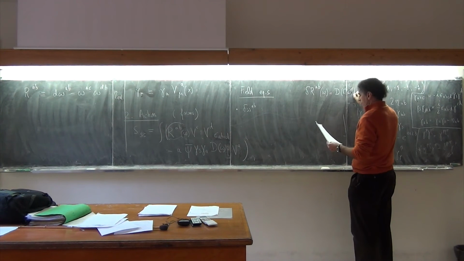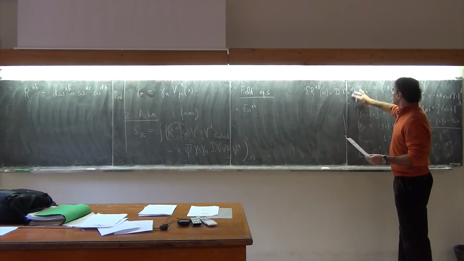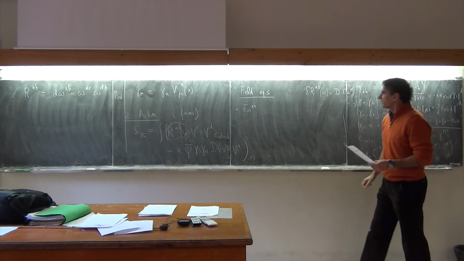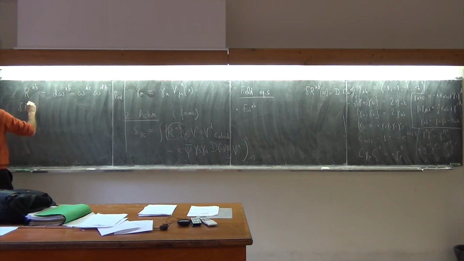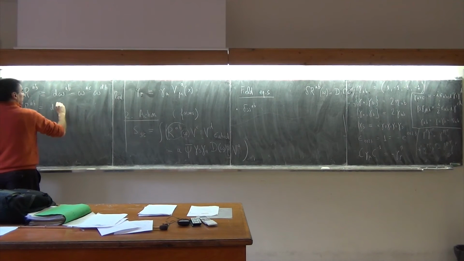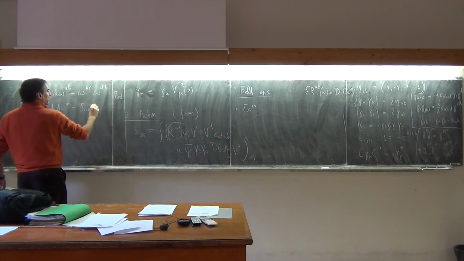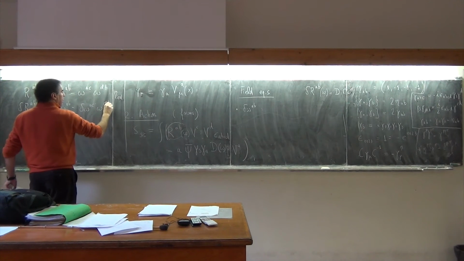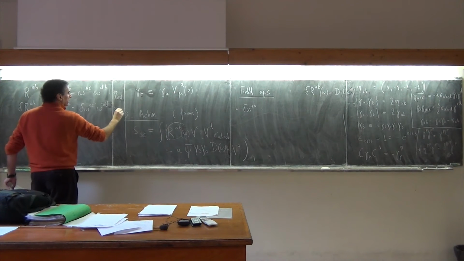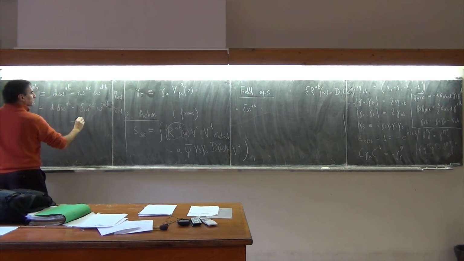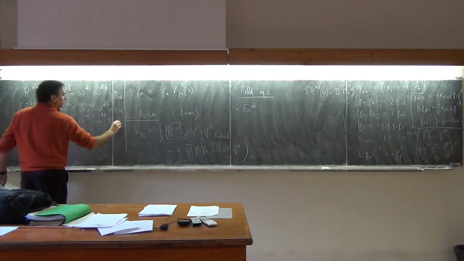Very easy. The variation of R^{AB} is equal to d delta omega^{AB} minus delta omega^A_C omega^{CB} minus omega^A_C delta omega^{CB}, with eta_{CD}.